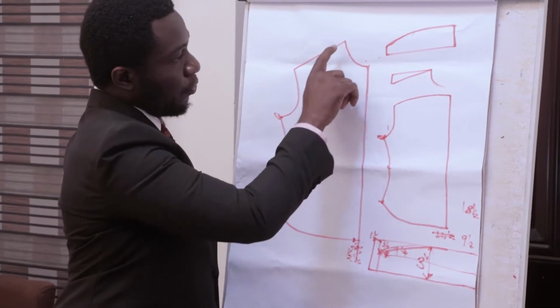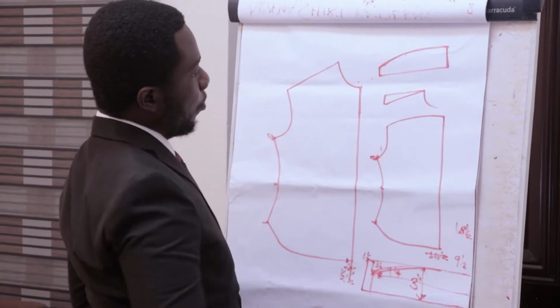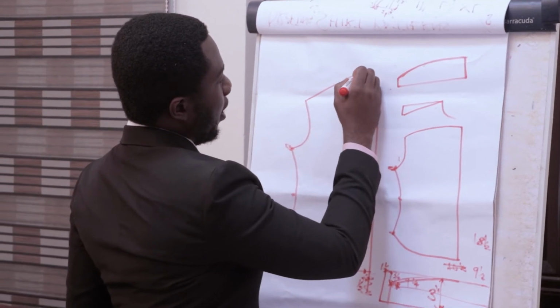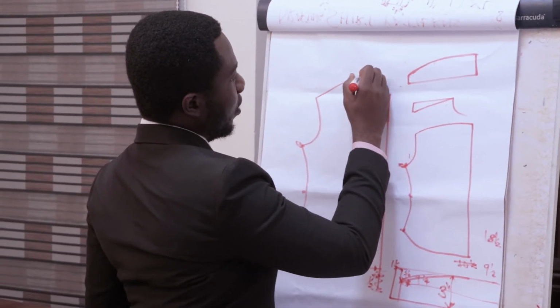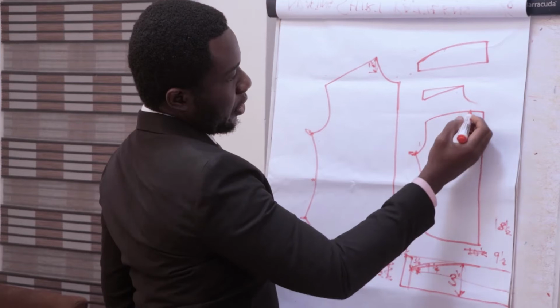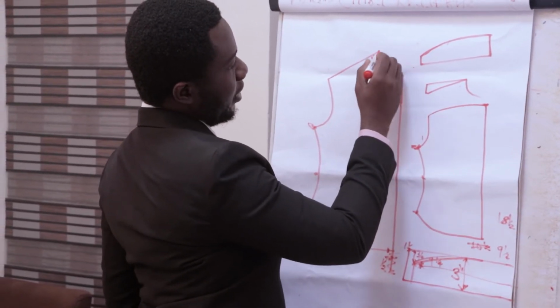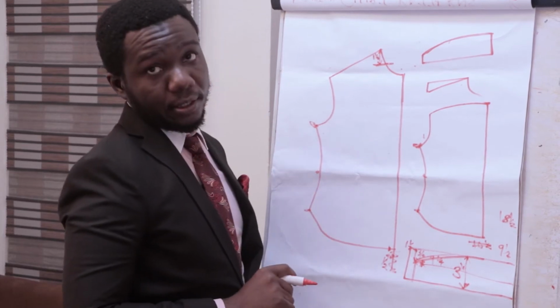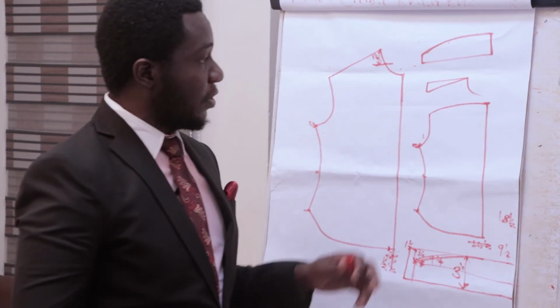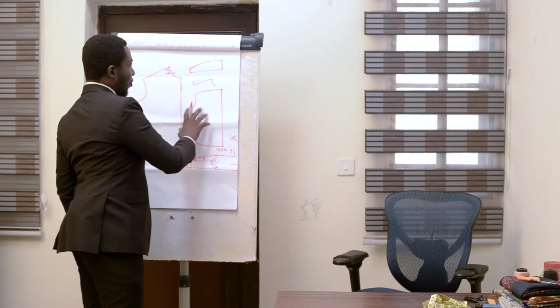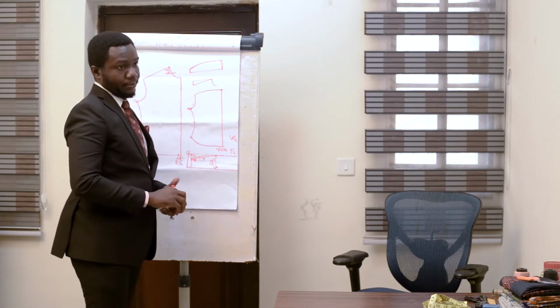And then also from the top, this is supposed to be 1.5 inches shorter than the apex of the shoulder. So all of these little details, once you get it right, your front and back blocks are in order.